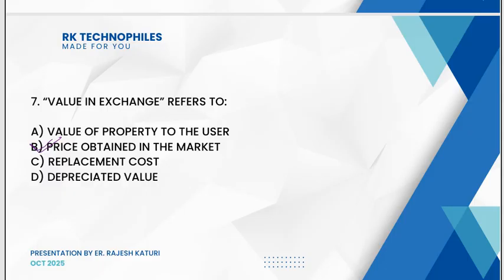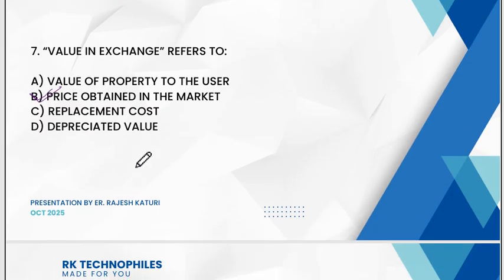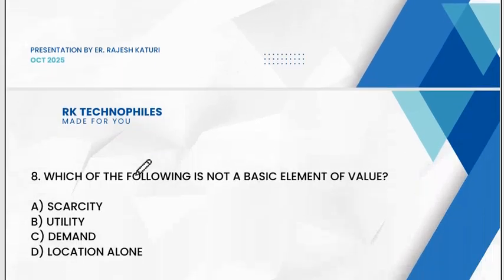Like if you sell it, or if you buy it, you're taking a property and you're giving money, right? So that is value in exchange. So it is an open market only. So price obtained in the market. Value of the property to the specific user is value in use. Replacement cost is different, cost to rebuild. Depreciated means it is a forced value.